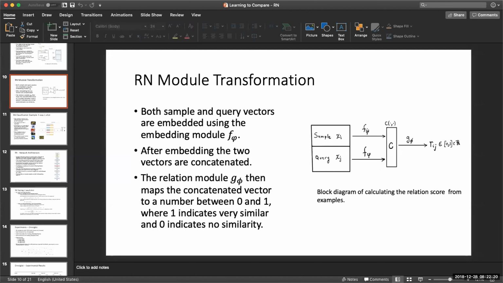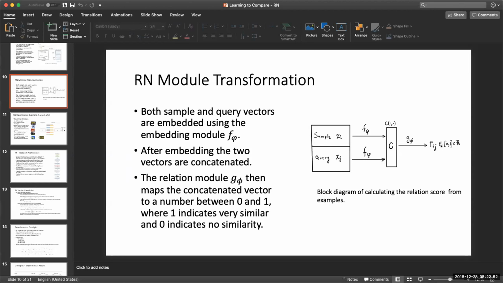And after the embedding is done, those 2 vectors are concatenated together. And then that concatenated vector is transformed again with the relation module g(phi). That transformation produces what's called the relation score, Rij, between sample xi and query xj.